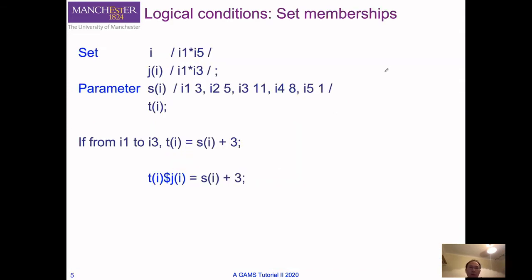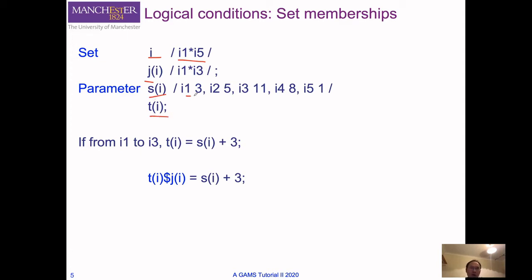Let's see the set memberships first. In this example, we define set I. There are 5 elements, I1, I2, I3, I4, I5 in this set I. We also define the set J. J is a subset of I. It has 3 elements, I1, I2, and I3, and 2 parameters, Si and Ti, are declared.